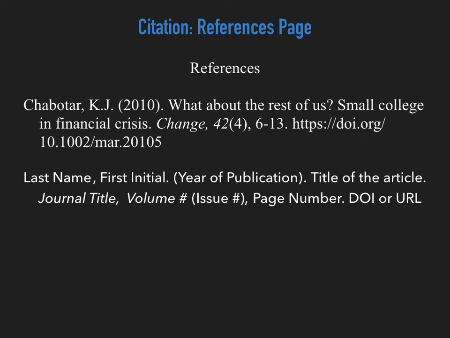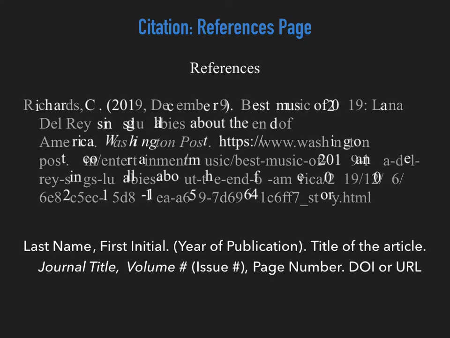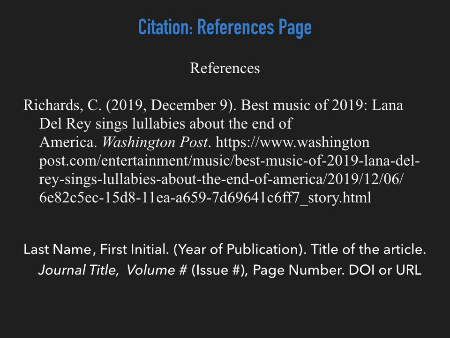Before we proceed on to discussing how to cite books and websites, let's quickly examine how to cite newspaper articles, as the process is very similar to a journal article. Here we have a citation for an online newspaper. For citing an online newspaper article, there are only a few differences from the citation of a journal article.